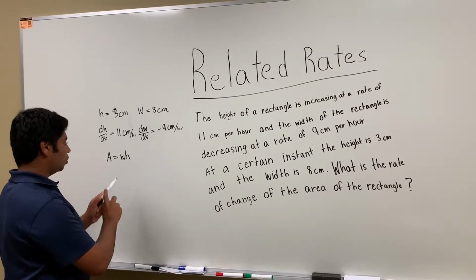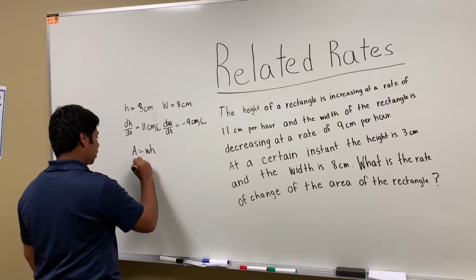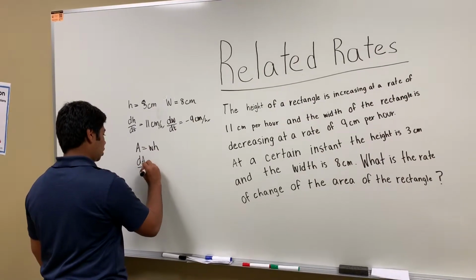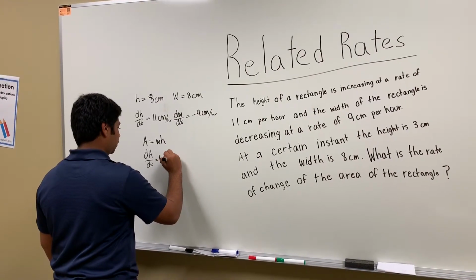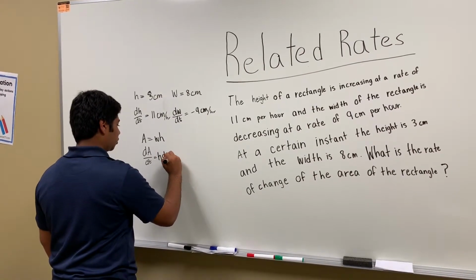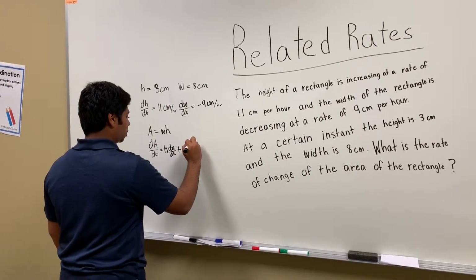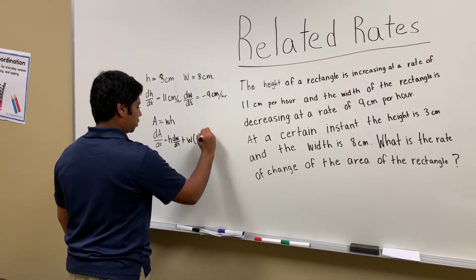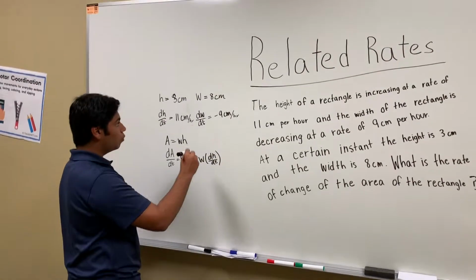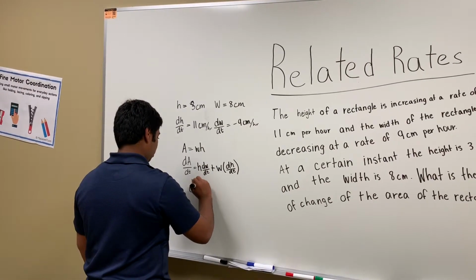And after this, we will now take the derivative of the area. And so the derivative of the area equals h times the derivative of w with respect to time plus w times the derivative of h with respect to time. Now we will plug in our values.